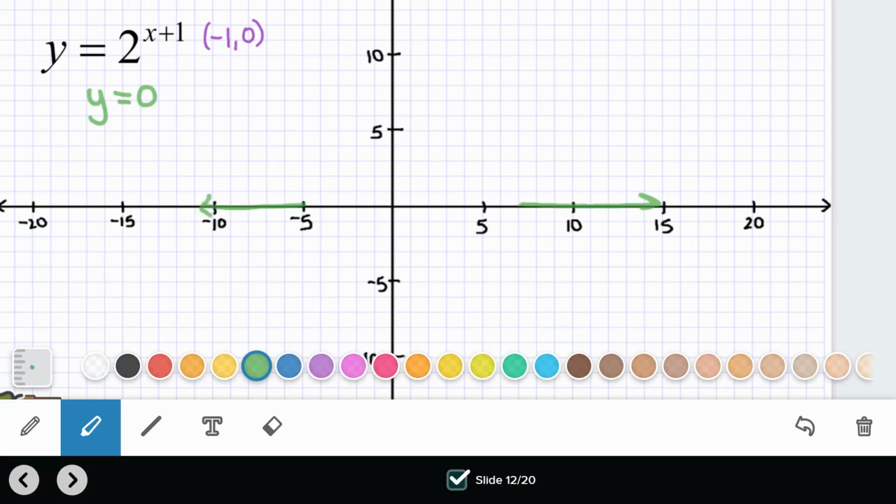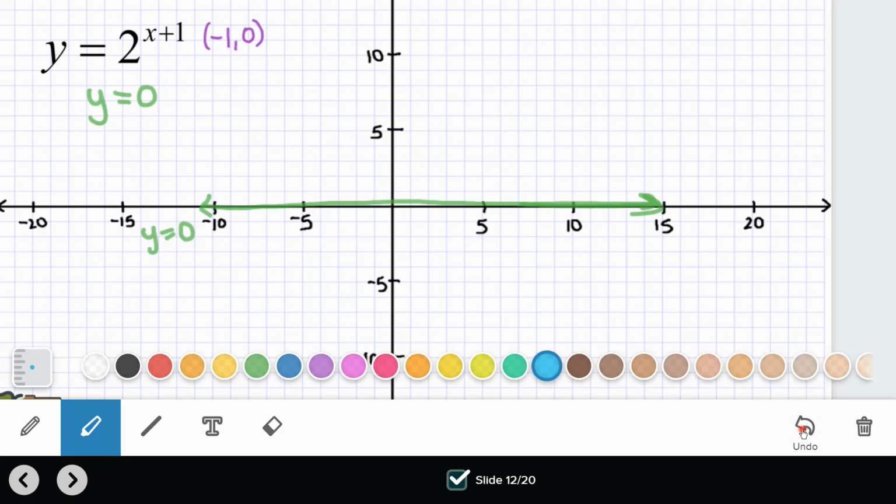Okay, so I'm going to have that drawn in here at y equals 0. And I'm just going to put a point temporarily at -1, 0. That point that I just put there is not on my graph, but that's kind of like where I'm going to start. Okay, so normally I would have started here and done 2 to the 0. This is kind of going to be where my start is.